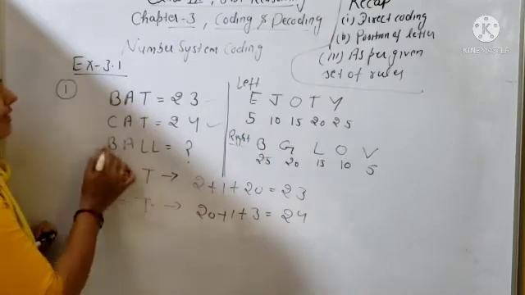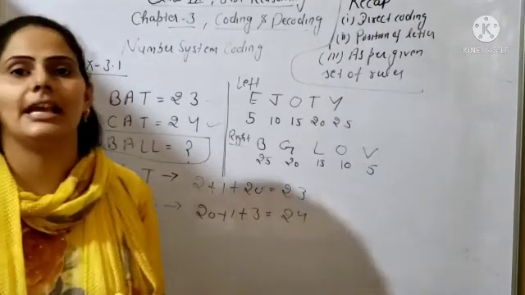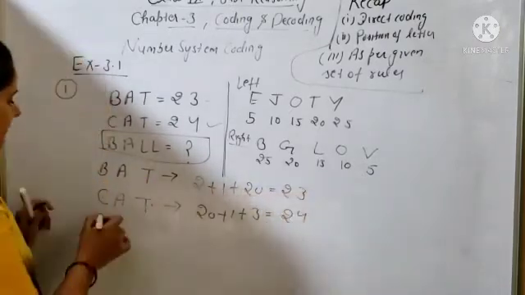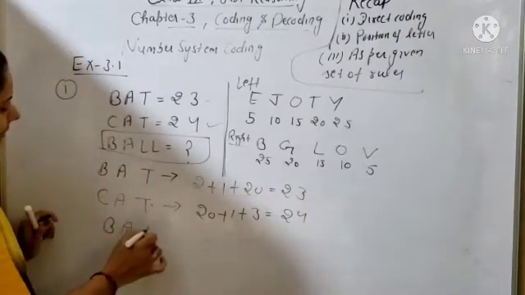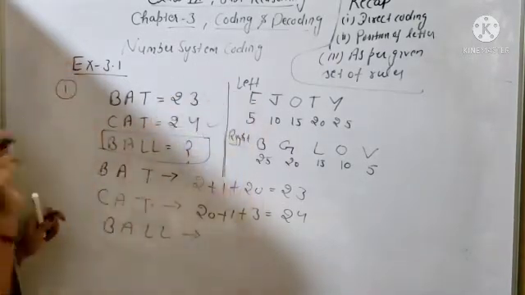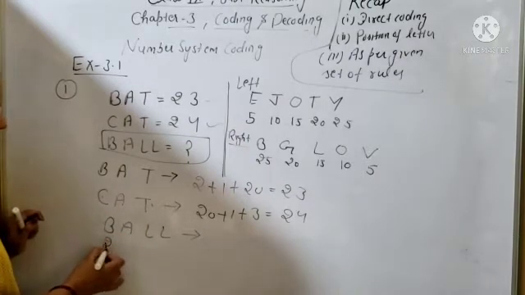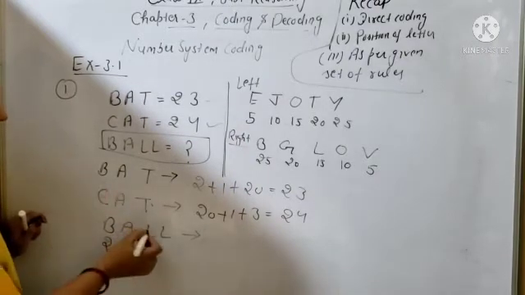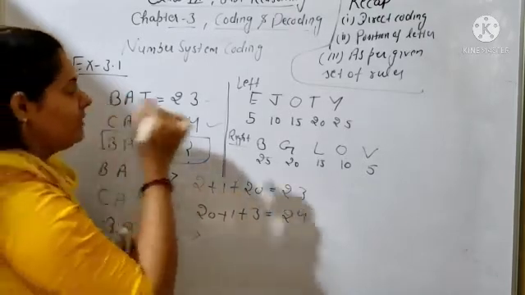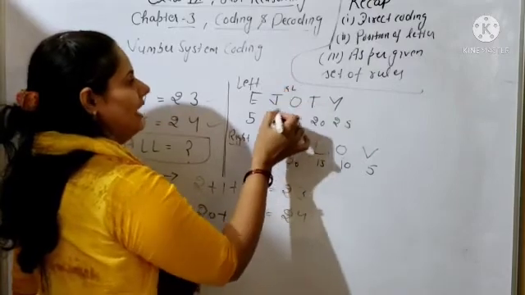It means you have to find out the code of BALL. How will you code BALL? Same as that, you will code it from the left-hand side, from the letter A. B position will be second, A position will be first, L, what is the position of L, beta? After J, what will be the next letter? K, and after K it will be L. So 10, 11, 12.